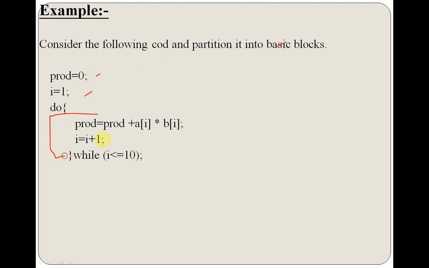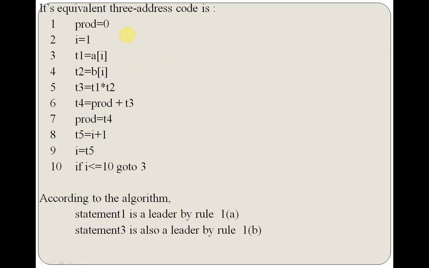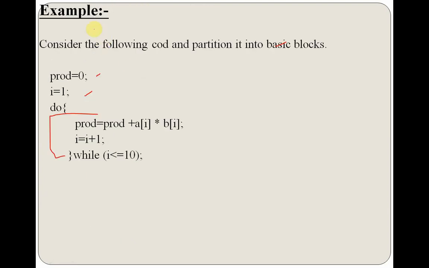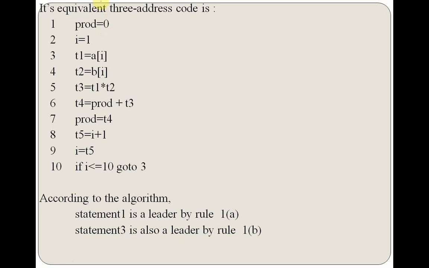The loop body contains product equal to product plus a of i into b of i, and i equal to i plus 1, with the condition i less than or equal to 10. Here the loop is repeated 10 times, i equal to 1 to 10. The corresponding three address code is shown here. The first statement is product equal to 0, the second is i equal to 1.